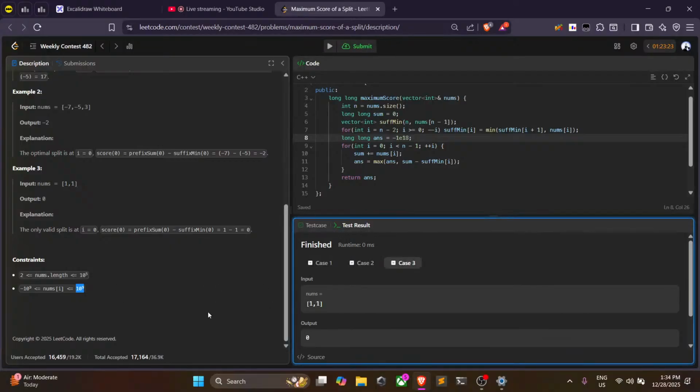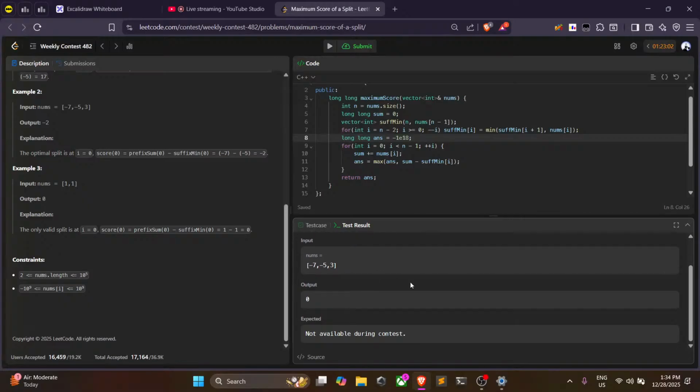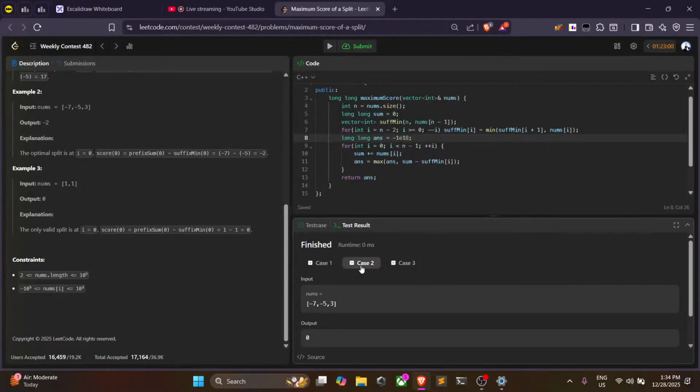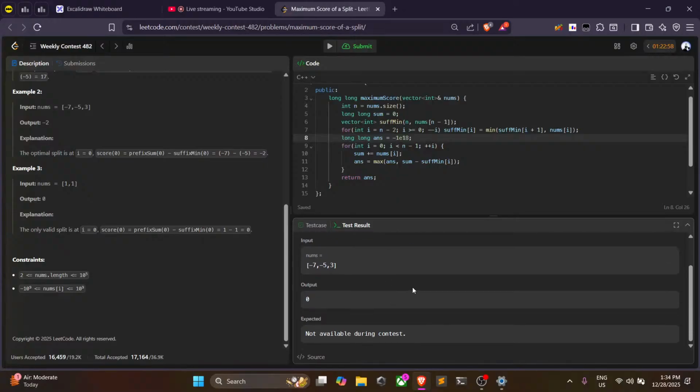Yeah, because the max it can go up to, if all numbers were 10 to the power 9 and the length of this is 10 to the power 5, is basically 10 to the power 14. Somehow this comes as 0.